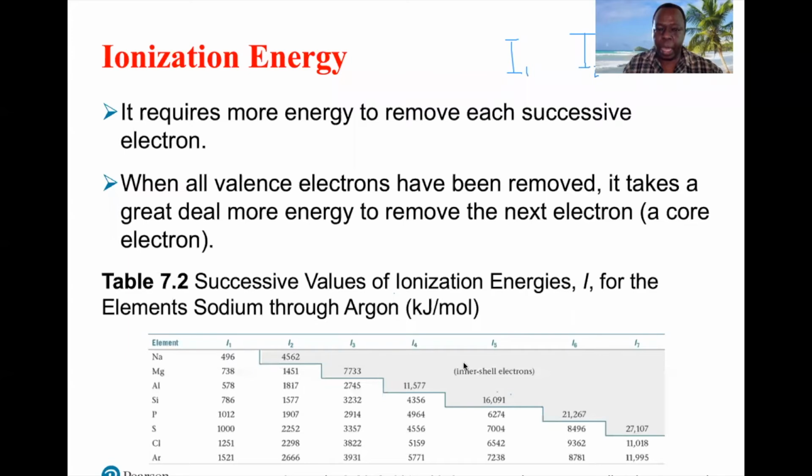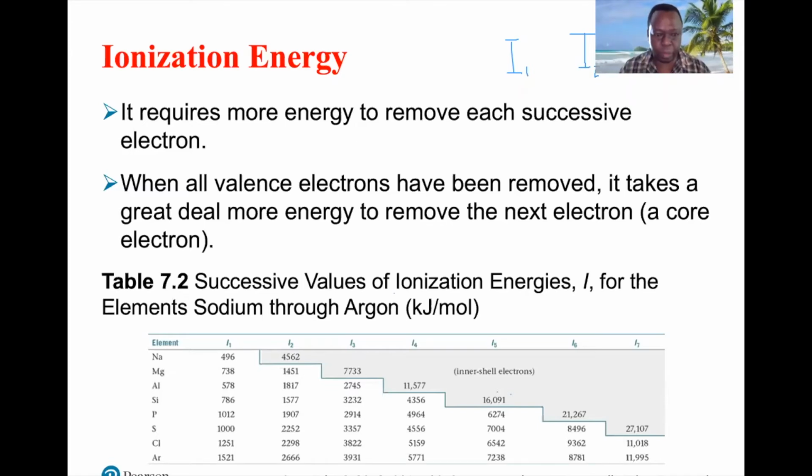What you see here as shaded or missing, these are the inner electrons; we have removed the valence electrons. Here are the valence electrons, and here are the core electrons. For example, aluminum is number 13. It has 3 valence electrons, right?